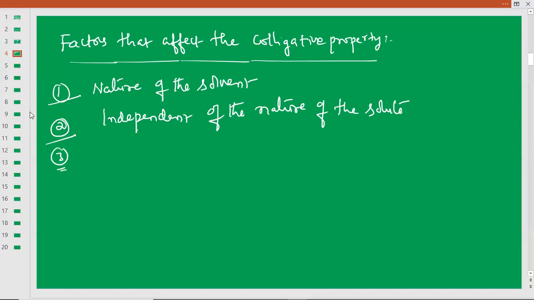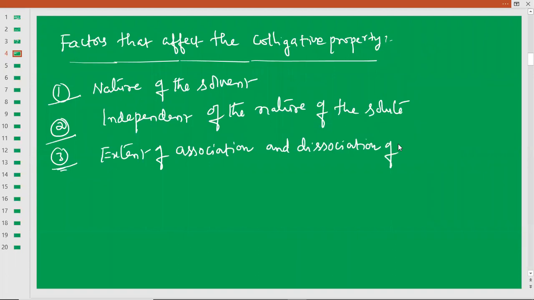And the other one is the extent of association and dissociation of solute particles in solution.